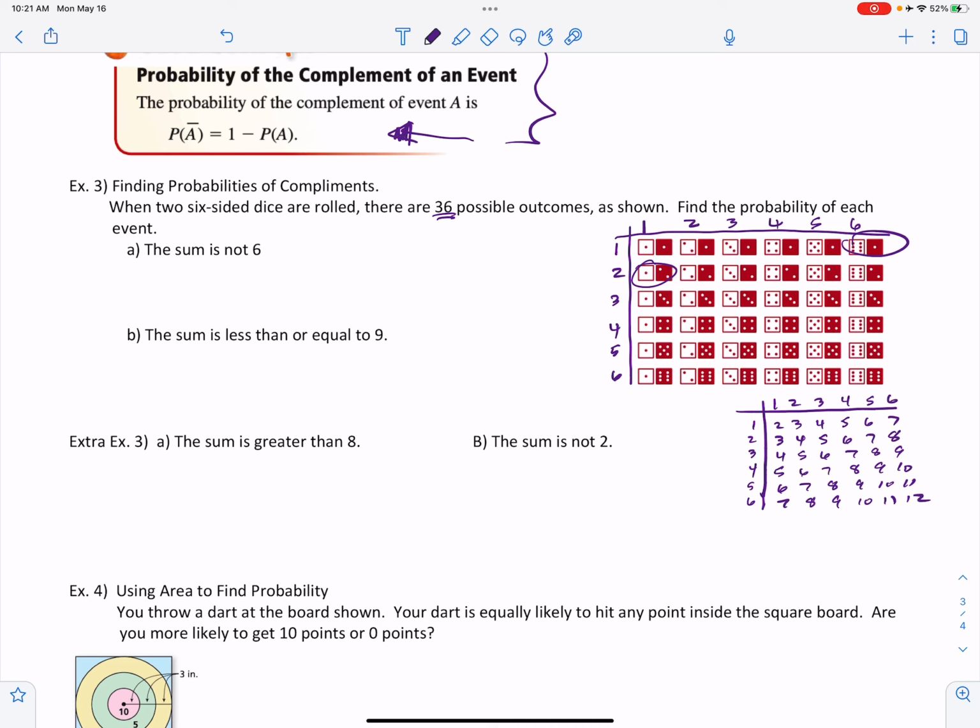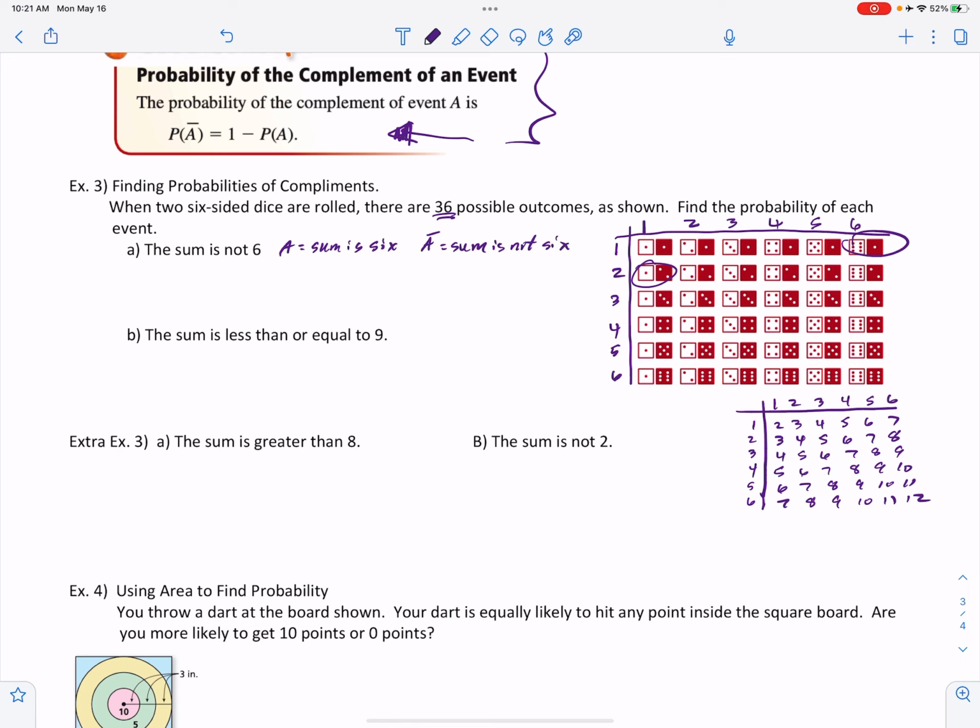And so right here in part A, we want to know that the sum is not 6. If I let A be the sum is 6, then A bar is the sum is not 6.